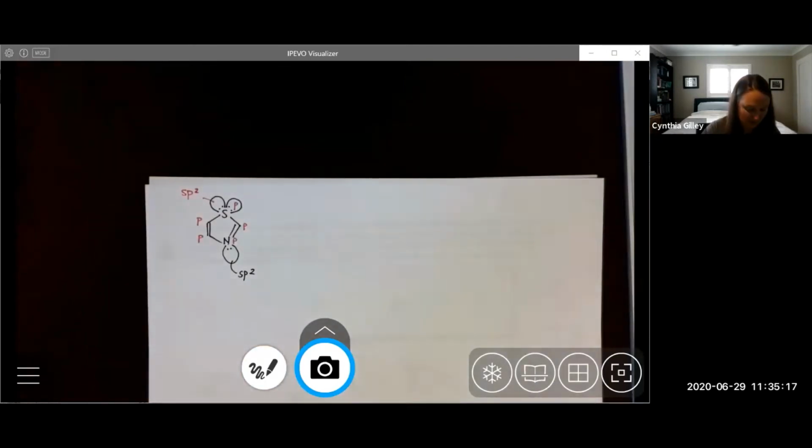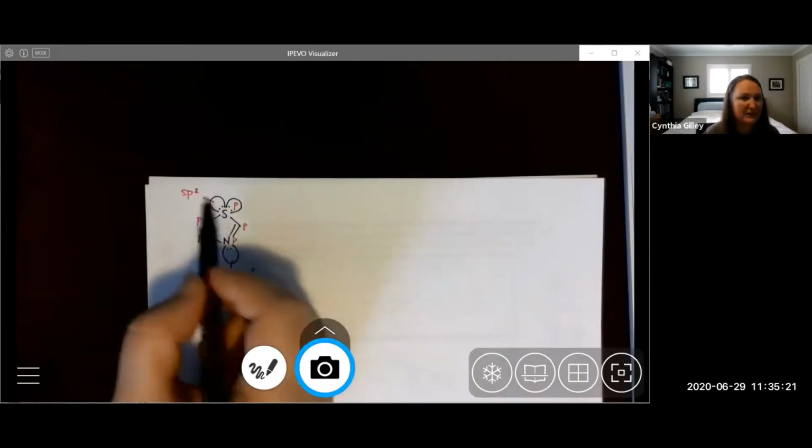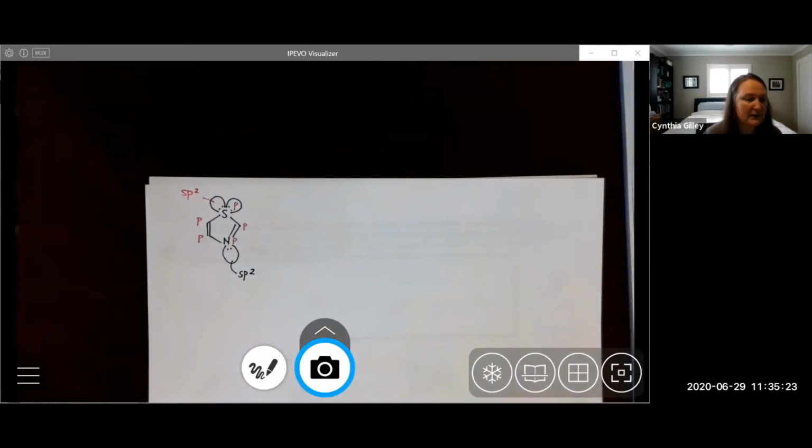You have to say sp2, because of course, in order for an atom to have a p orbital, it can't be sp2. So one lone pair on the sulfur is in a hybridized orbital, not involved in resonance. The other lone pair is in a p orbital, delocalized with all the other p orbitals.